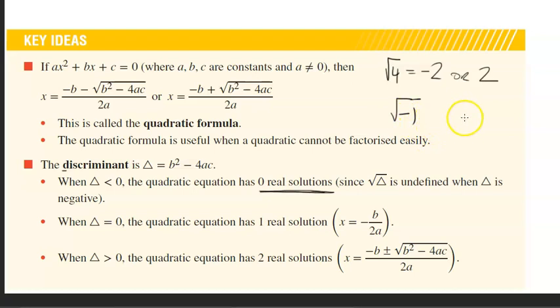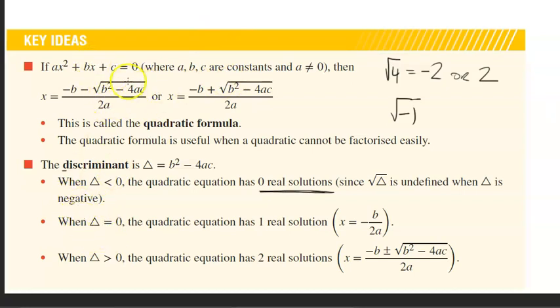It can't be 1 because 1 times 1 gives me positive 1, and it can't be negative 1 because negative 1 times negative 1 gives me positive 1 as well. So when your discriminant becomes a negative number, so negative 1, negative 5, negative 8, doesn't matter, there are 0 solutions. This becomes undefined.